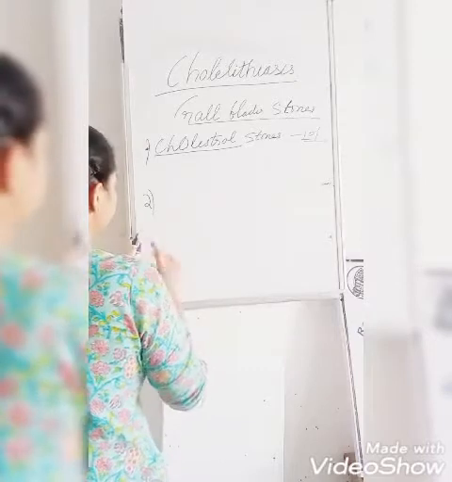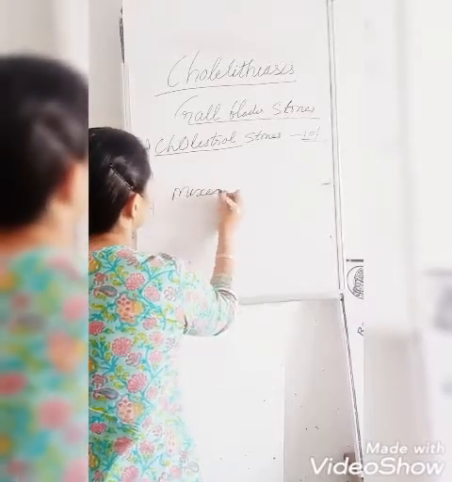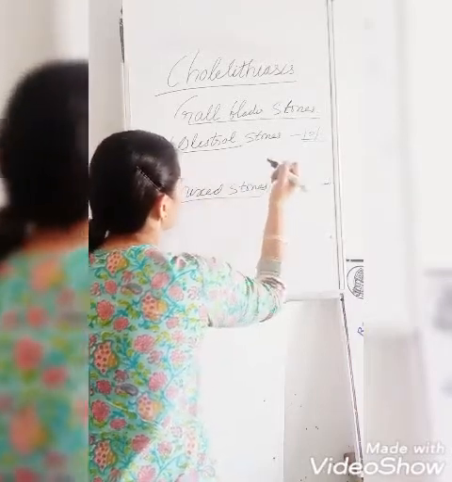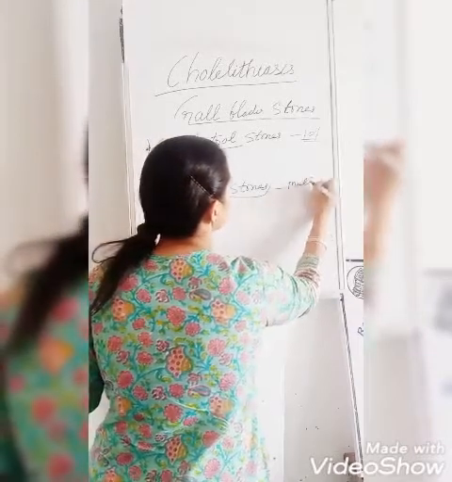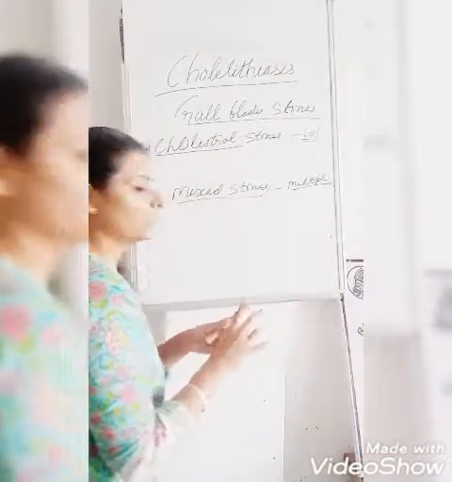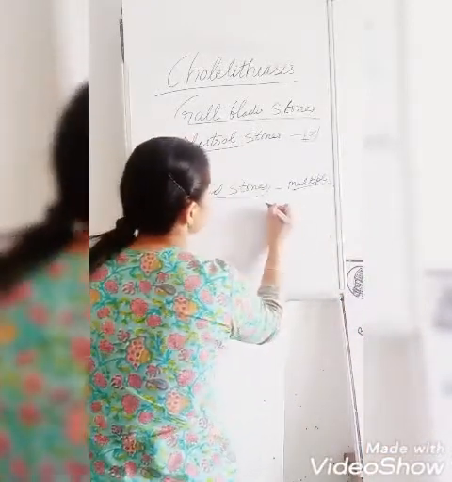Then there are mixed stones. These mixed stones could be multiple or solid. Generally they are multiple, and they have alternate layers. I am drawing the layers just to explain to you.